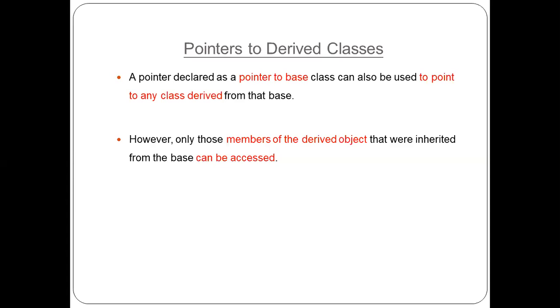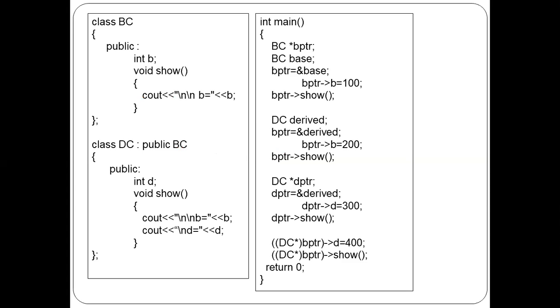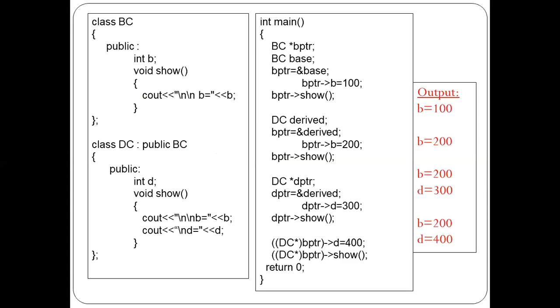The data members of the derived object are inherited from the base class and can be accessed through it. We'll see one more example and what output it shows.